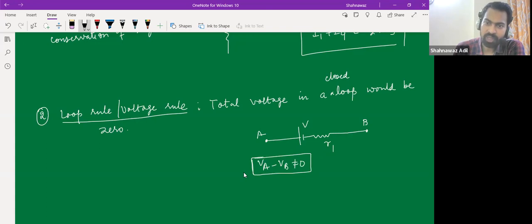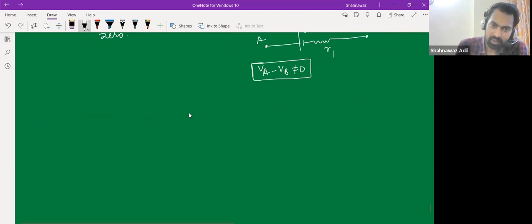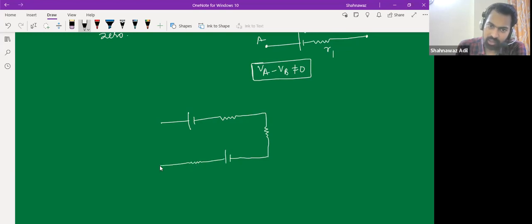So what do I mean by a closed loop? Let's say that I start from here, and then go here and then come here, and let's say this is some other voltage, and then come here.